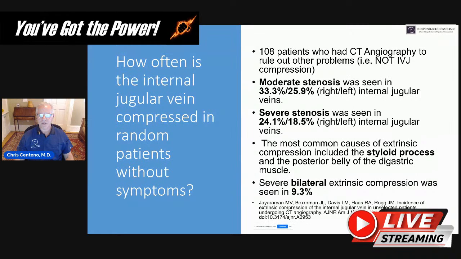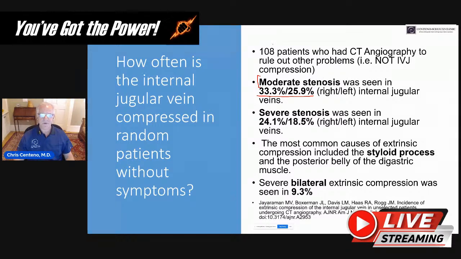The woman you saw had one-sided moderate stenosis, as I showed you on that CT venogram. The problem is that moderate stenosis was seen in between 1 in 3 and 1 in 4 patients who don't have intracranial hypertension at all. In fact, their necks were imaged for another diagnosis entirely.